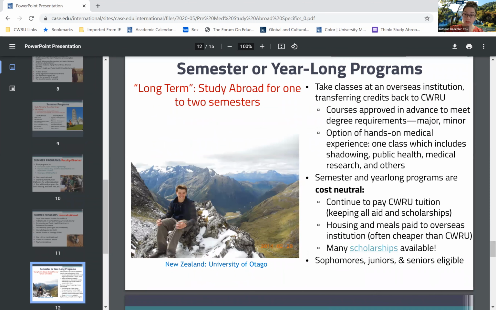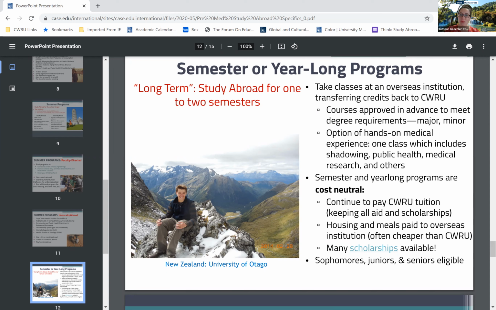For the semester-long programs, if you take one class that is a clinical exposure course, then all of your other classes equate to a full load for that semester to keep your full-time student status, 12 to 15 or more credit hours. Those all will transfer back for your major, your minor, your breadth, your electives, etc. There's really no limit to what classes can transfer back as, except of course SAGES.